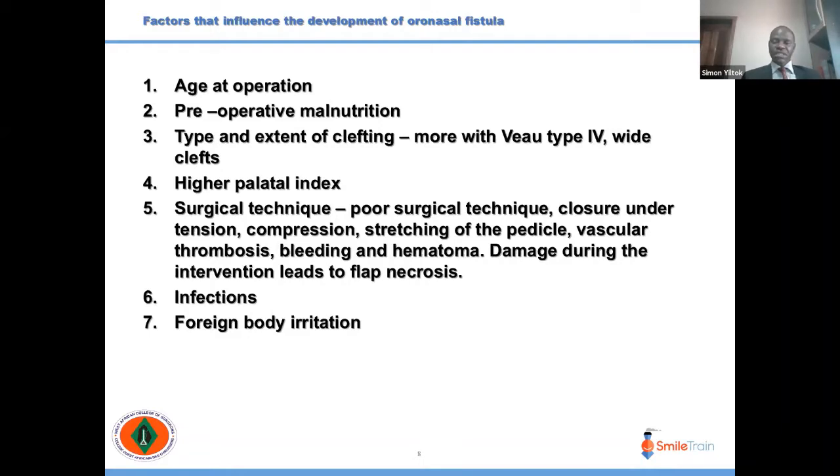Then surgical technique, if it's quite poor: closure under tension, compression, stretching of the pedicle, vascular thrombosis, bleeding, and hematoma. Once there is damage to the vascular supply of the tissue or the flap, it can lead to necrosis. Infection can occur in some situations that can encourage necrosis and fistula formation, and the last point is foreign body irritation.